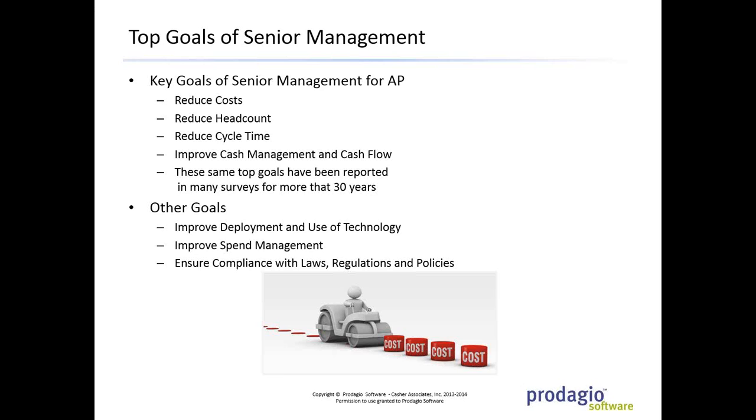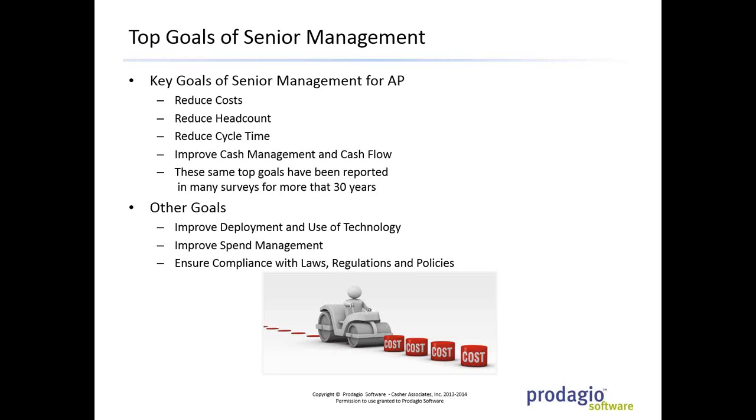It takes 8 or 10 times longer to get it to AP than it does to actually go through AP. And as I said, these goals have been in place for every survey that I've looked at, surveys done long before I got involved with AP. They're still the same things being identified as the top goals.